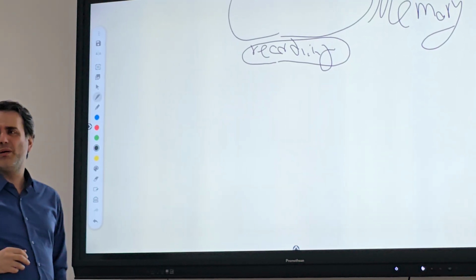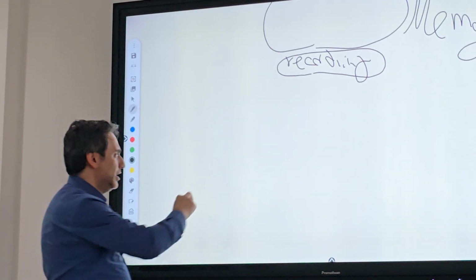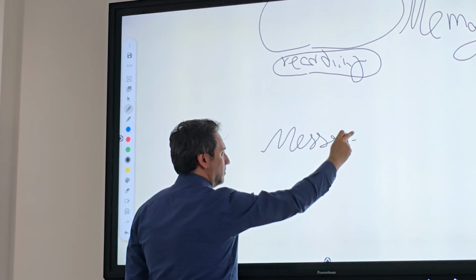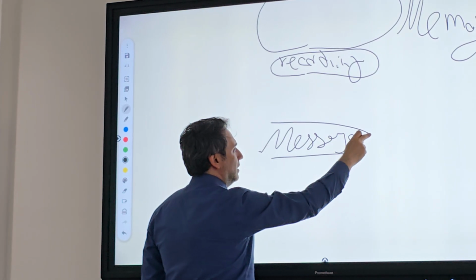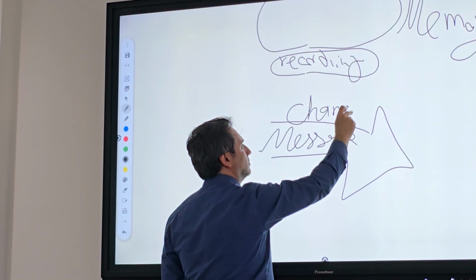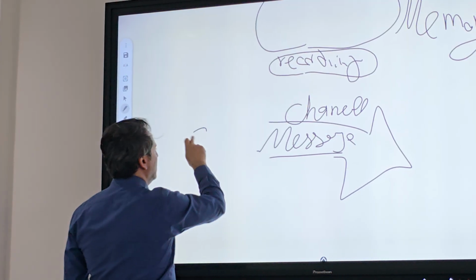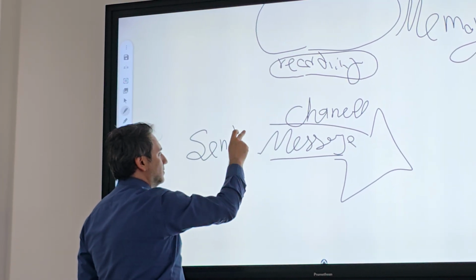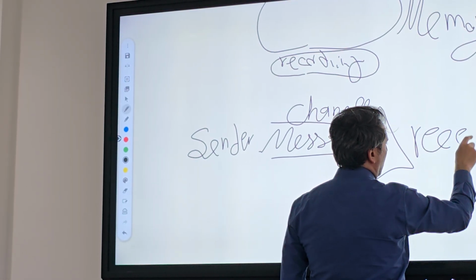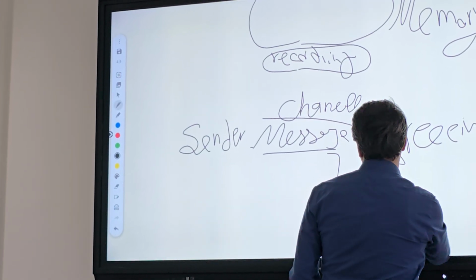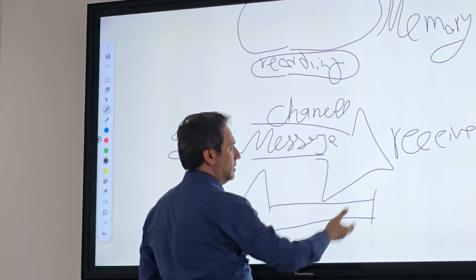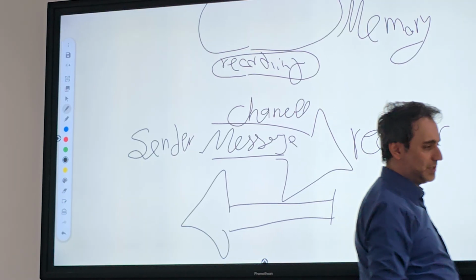Whenever we talk about communication, communication is sending a message through a channel from a sender to a receiver, and then the receiver changes, sending another message, but now they will be the sender, and the other is the receiver.